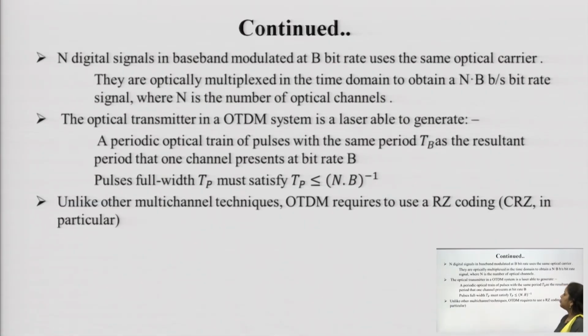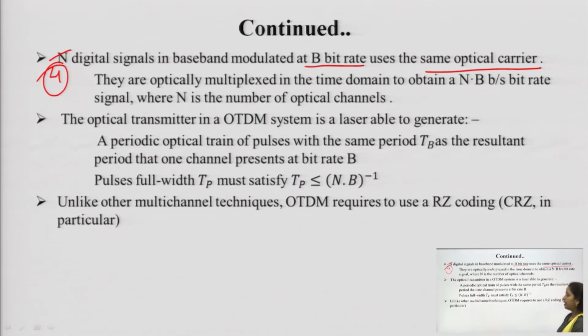Then n digital bit signals in the baseband, modulated at b bit rate, use the same optical carrier. In the example we have shown, we have used 4 digital signals, all of them baseband modulated at the b bit rate, and they use the same optical carrier because the same optical fiber is used.